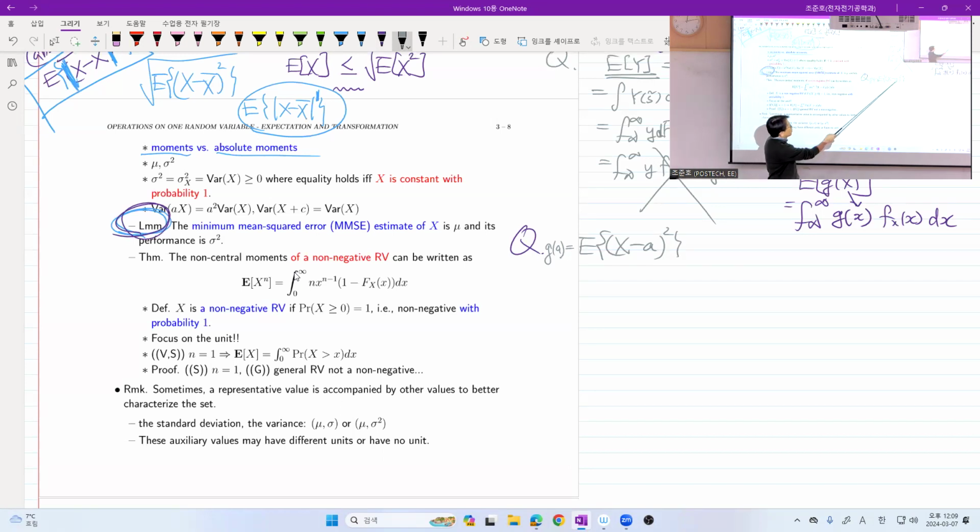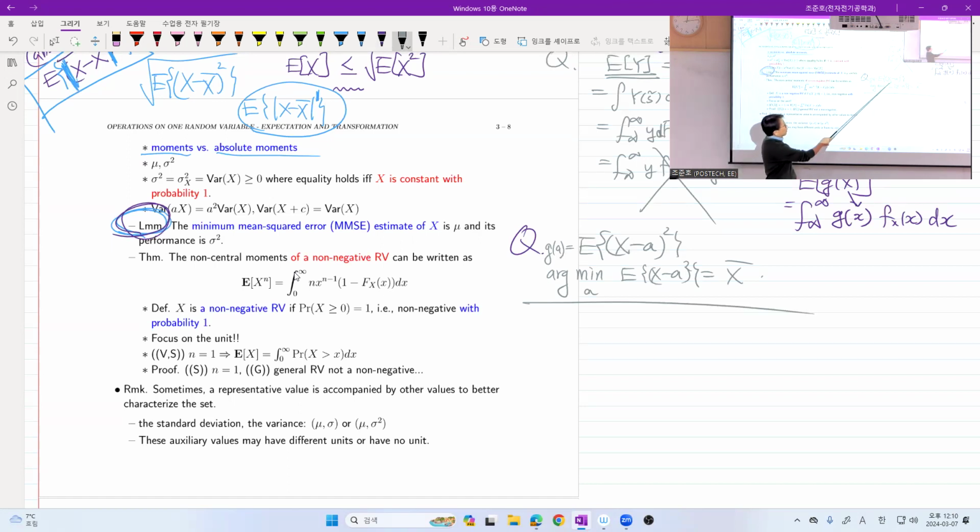If you change it, you have a different number, right? g(a) is the expectation of the random variable minus the constant, squared. Now, minimize that g(a). Interestingly, the argmin of the expectation of (X minus a) squared equals X bar.